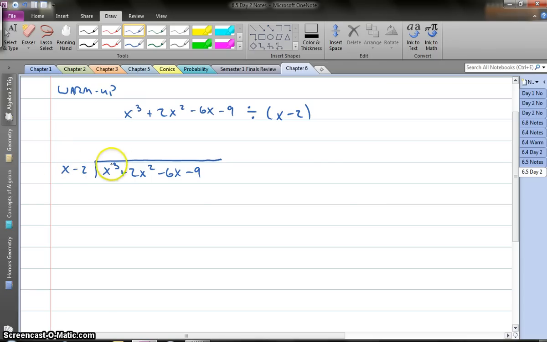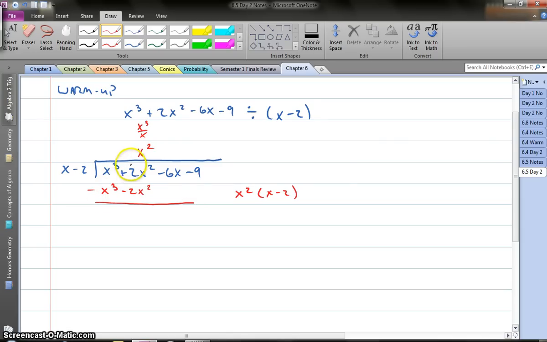Now I have an x and a degree of 3, so I'm going to drop in x squared. All right, so x to the third divided by x gives me x squared. We're going to multiply that. X squared times x minus 2 gives me x to the third minus 2x squared, and we are subtracting.